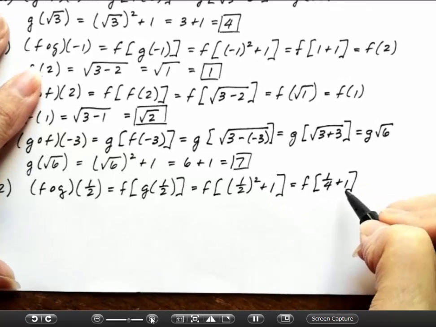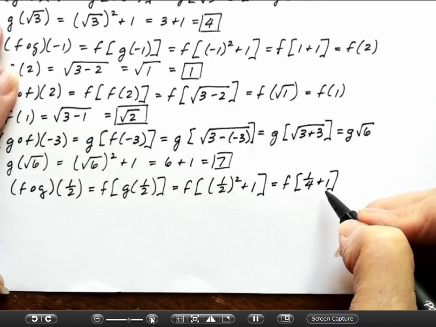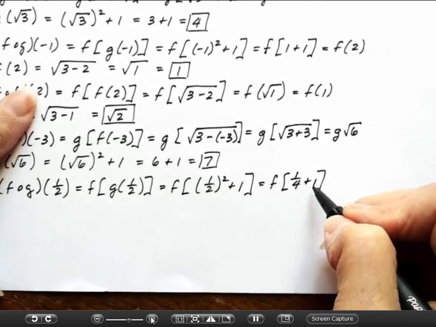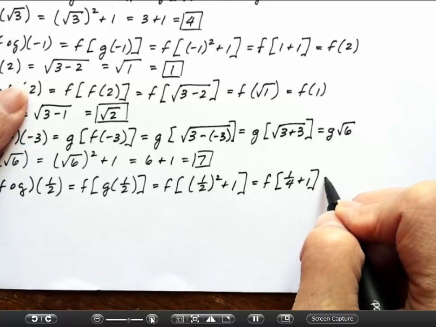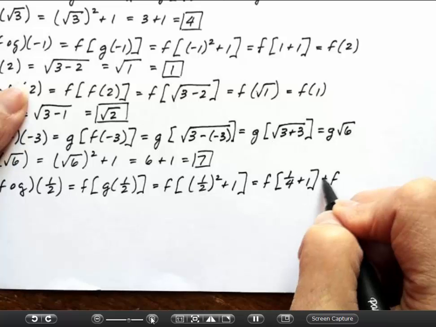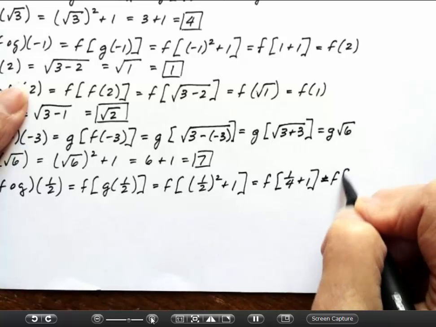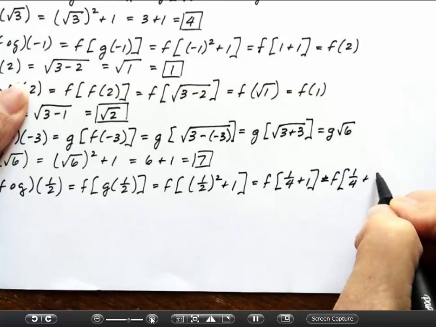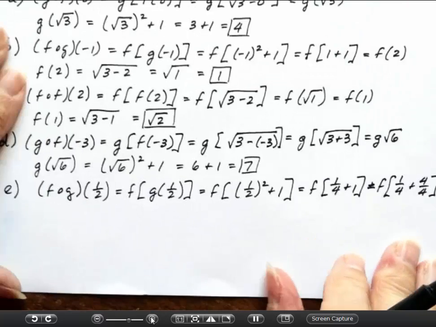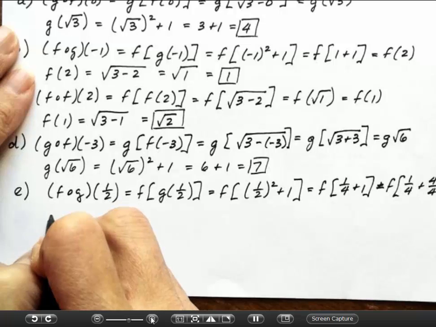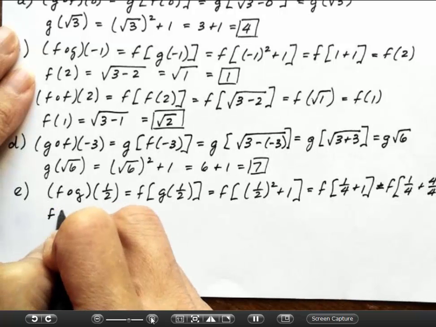And then I need to find a common denominator to be able to add the 1/4 and the 1. My common denominator is going to be 4. So this equals f of 1/4 plus 4 over 4. So now I'm going to put 5/4 back into my f function.